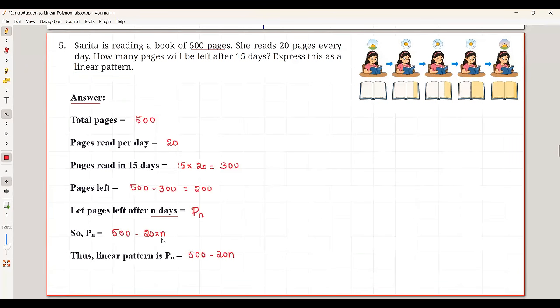If n is 1 day, it is 500 minus 20. If n is 2, 500 minus 40. If n is 3, 500 minus 60. So n keeps on changing. This is the general form, or the linear pattern for the given question.